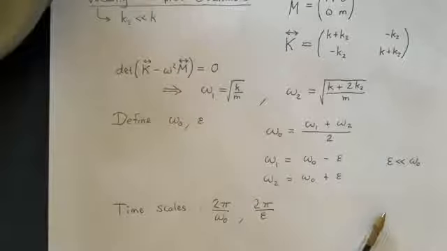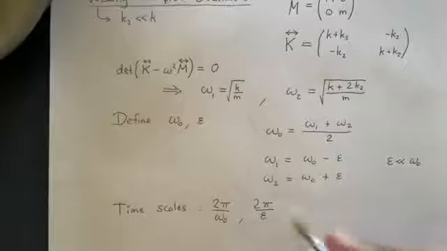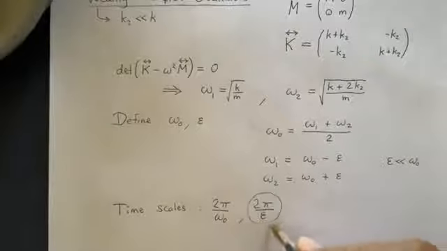And so it's natural to construct 2 pi over omega naught. This is the period. There's a period associated with the frequency omega naught. So that's a time scale, right? A period is a time scale. Now this epsilon is very small, okay? So 2 pi over epsilon is a much larger time scale.